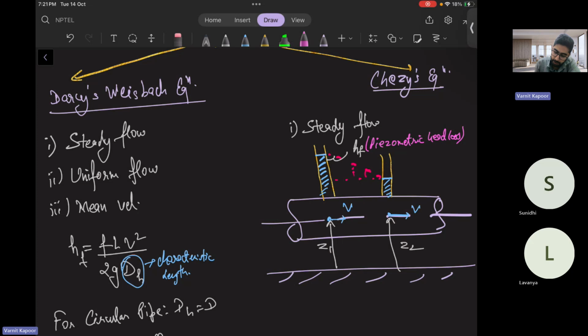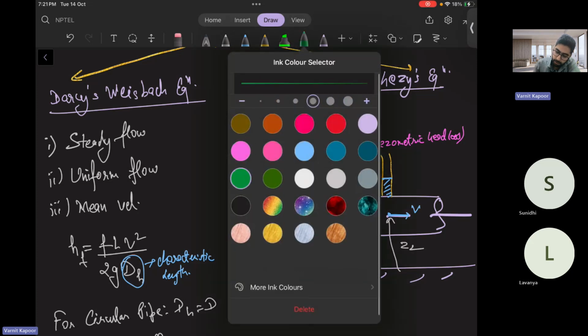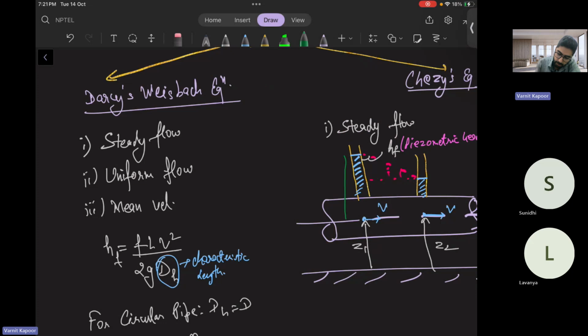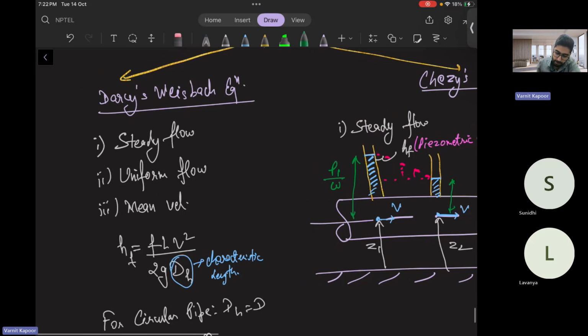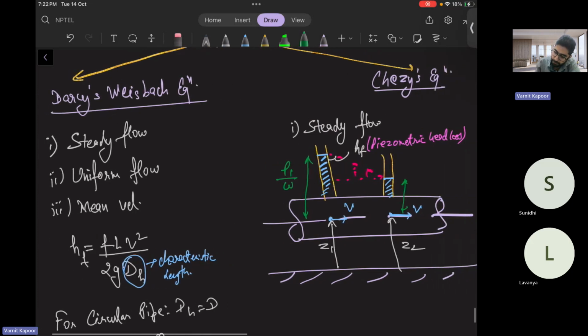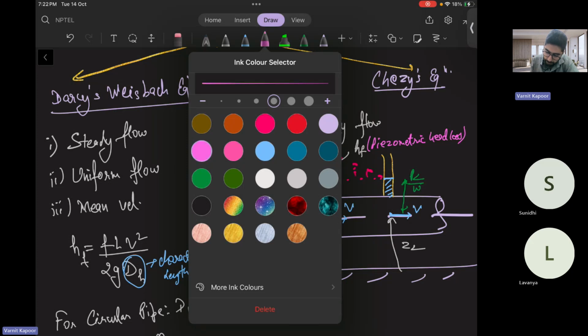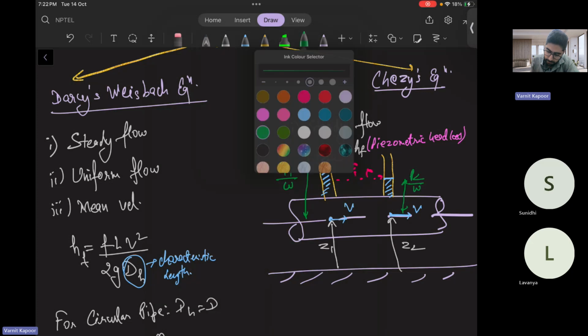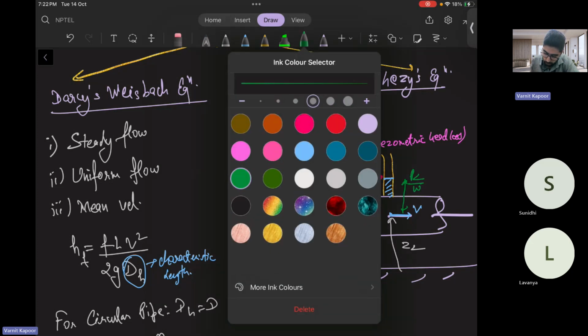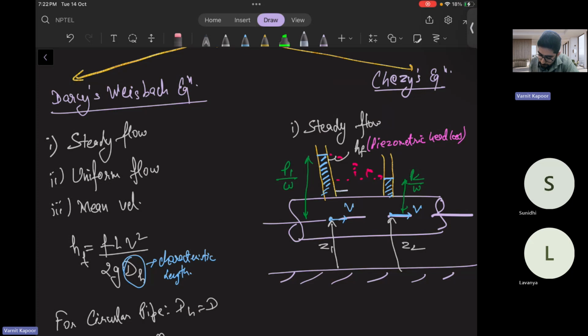So here it was P1 by W till here, and here it is P2 by W. And this length between them is L.